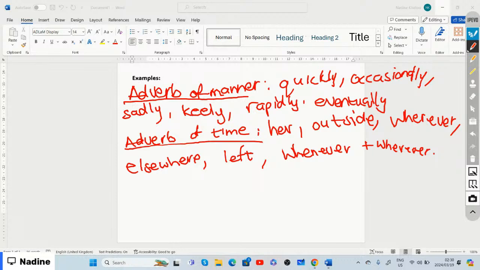All right, and then we have adverb of frequency. These adverbs are used to denote how often an action or event is happening.